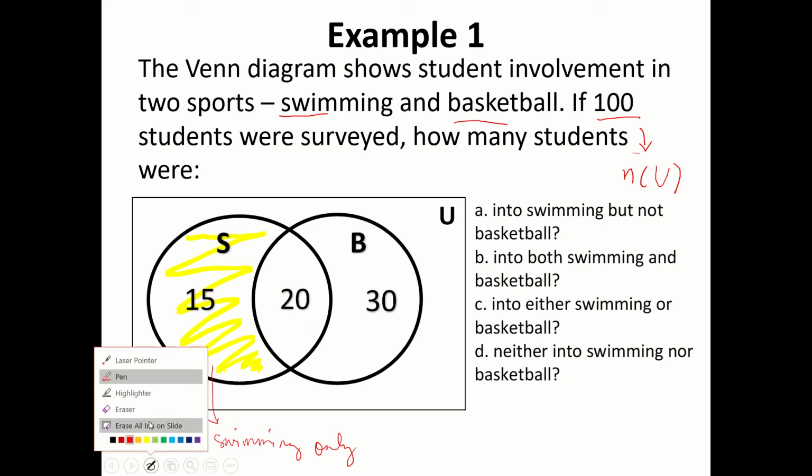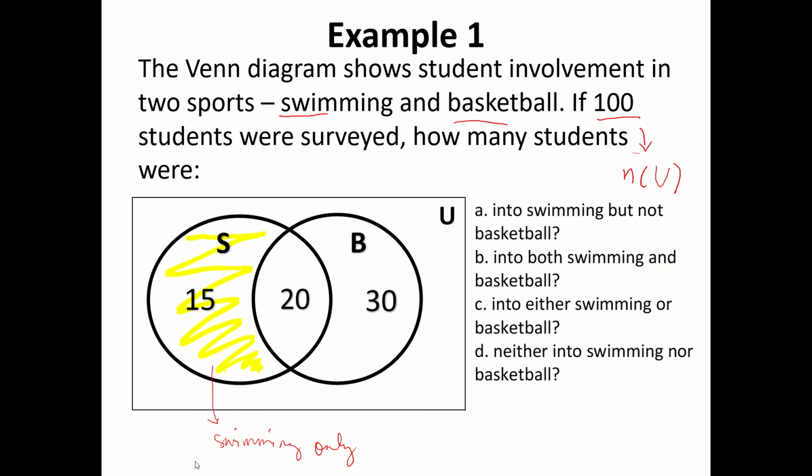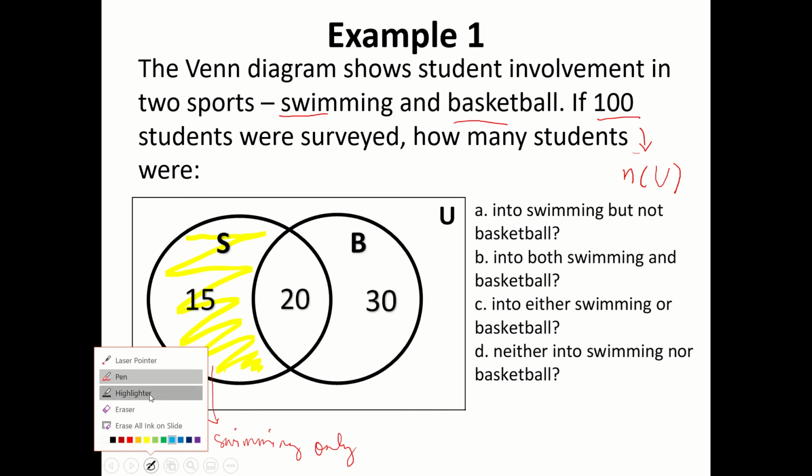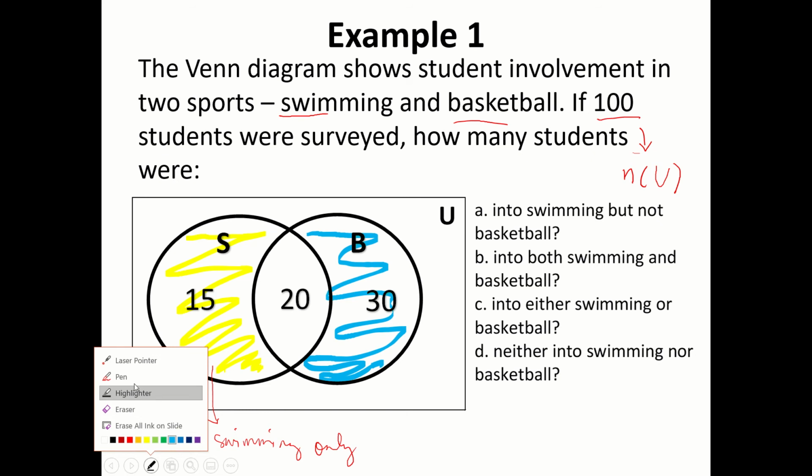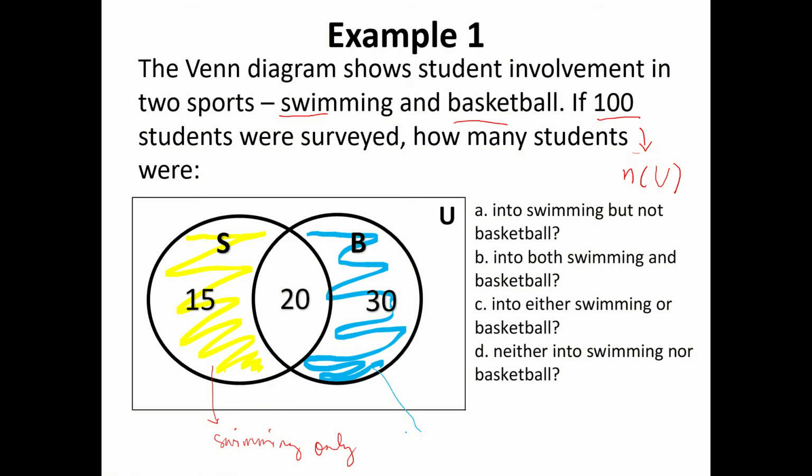The next region that we need to understand is this portion. This region refers to the number of people who love basketball only. The word only refers to those who love basketball but not swimming.